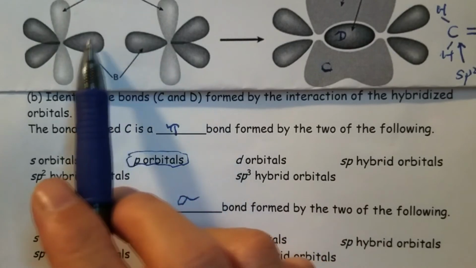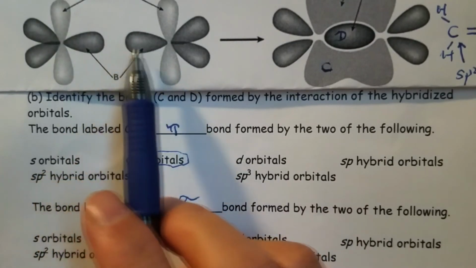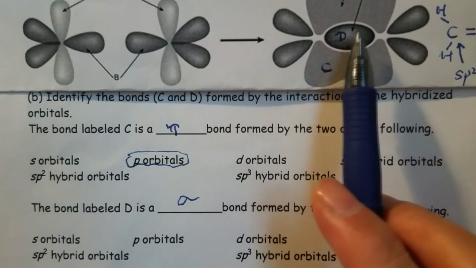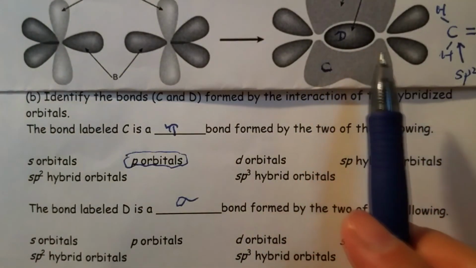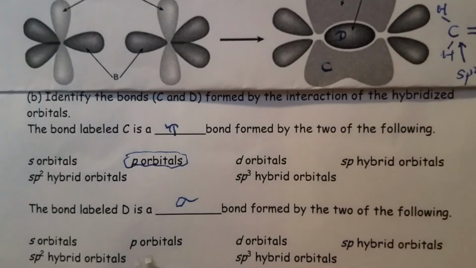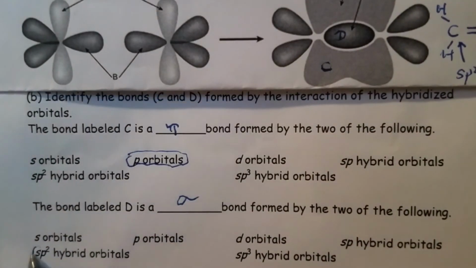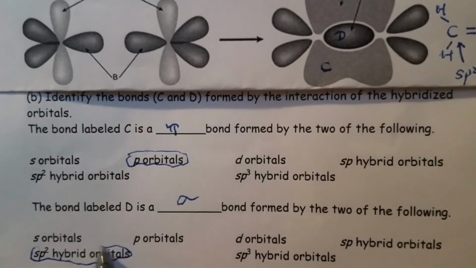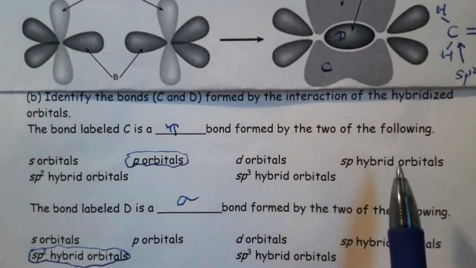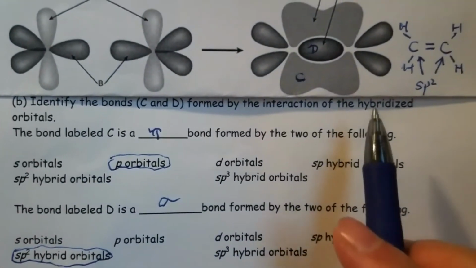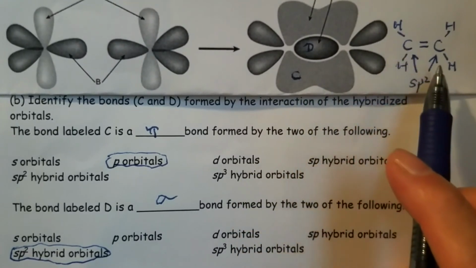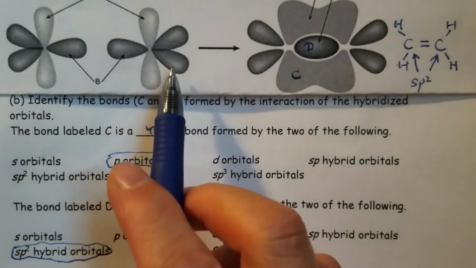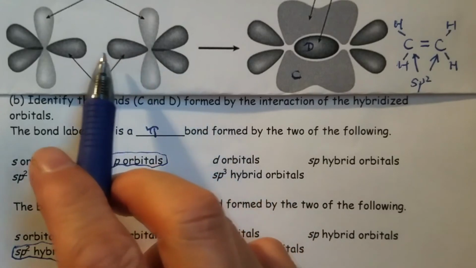Let's say these two approach each other. When they approach each other, they form the sigma bond. So that should be hybridized orbitals, sp2 hybridized orbitals, just like what we drew a while ago.